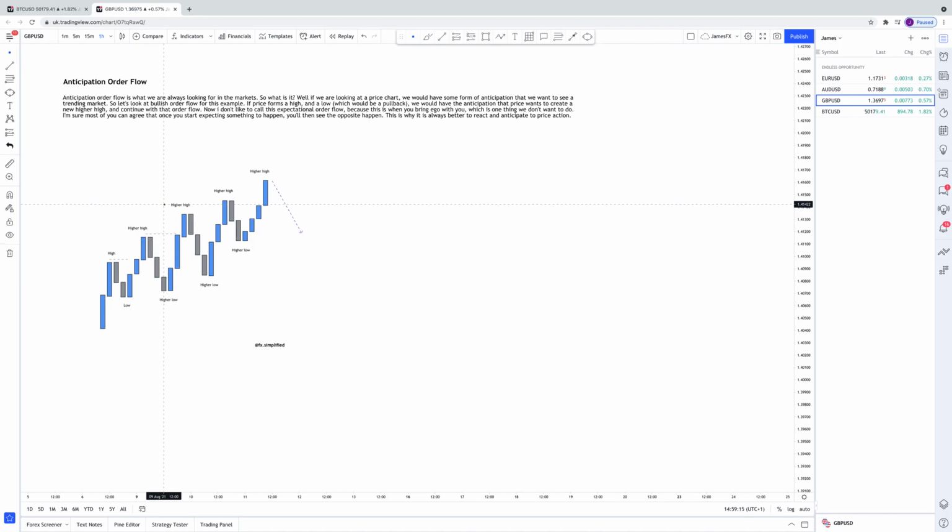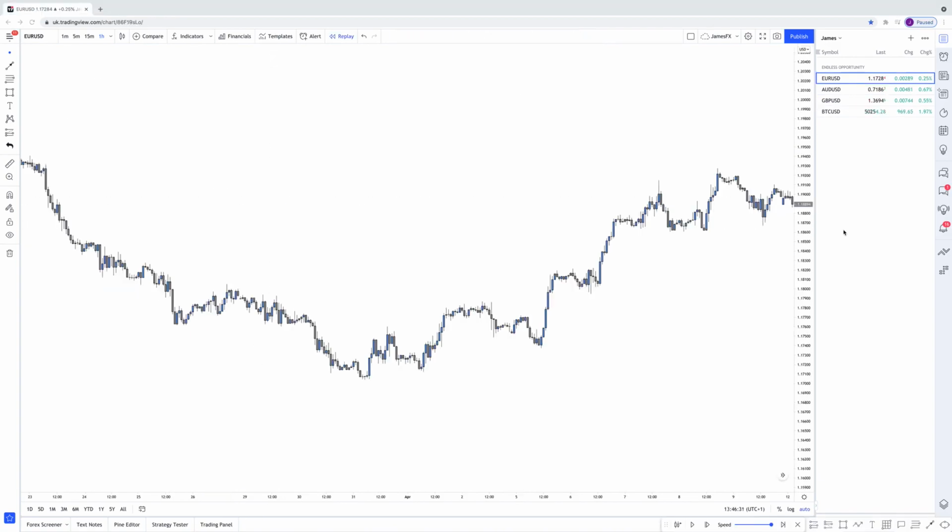So that being said, I now want to get into the charts and go into this in a lot more detail, so you can understand anticipation of order flow and how we view it. So now we're on the charts.